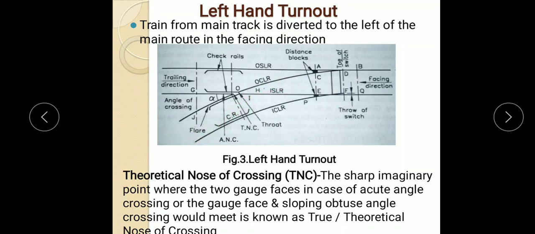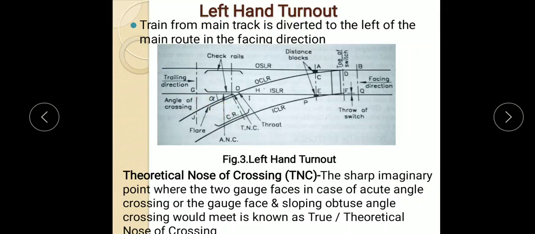Here one important point is the theoretical nose of crossing, which is popularly known as TNC. In figure 3, this is a point which is shown as alpha and is called the angle of crossing, meaning when the train is moving to the left or right side, it makes an angle alpha.